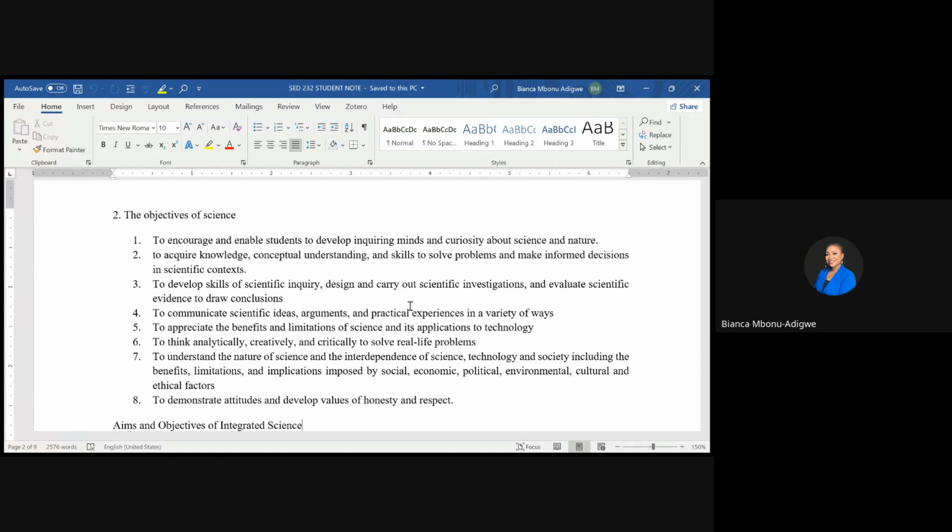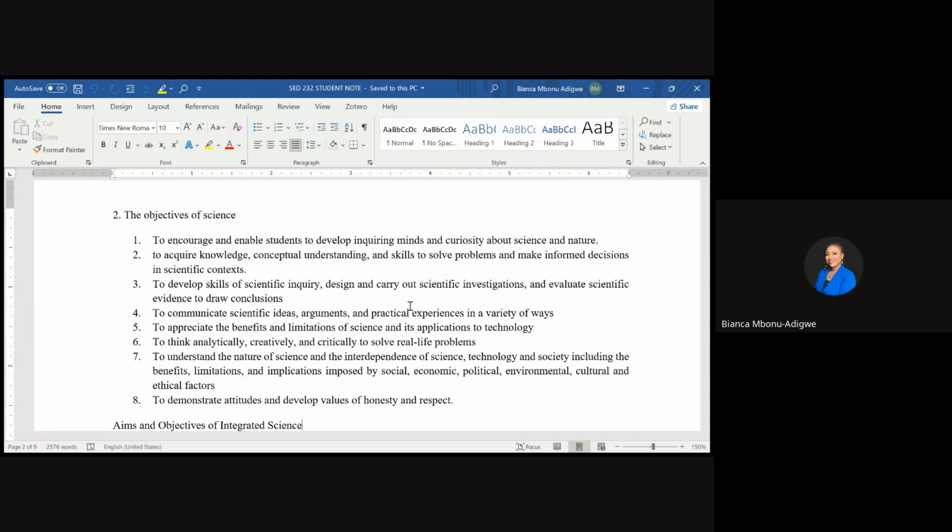Number 2, to acquire the knowledge, conceptual understanding, and skills. We teach science so that you can have the skills, the knowledge, the understanding to solve problems and make informed decisions in scientific contexts. For example, instead of just accepting the fact that the reason why one woman on your street doesn't have kids is because she somehow has eaten up all the babies in her womb.